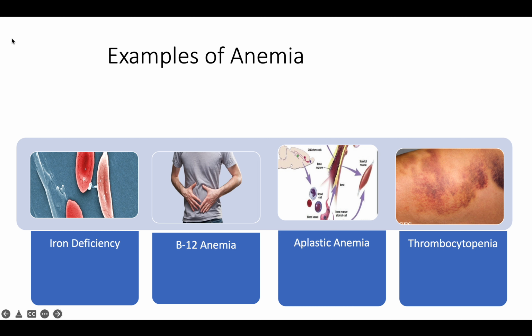Moving on to B12 anemia. B12 anemia usually occurs from your body being unable to absorb B12 in your diet. And it can either be from not taking enough B12 in the body. So if you follow a vegetarian or a vegan diet, you have a higher risk for developing B12 anemia because you're not taking in those B12 rich sources like meats.